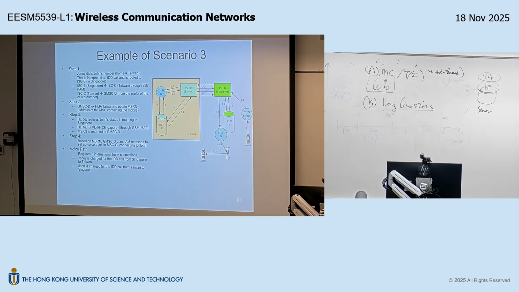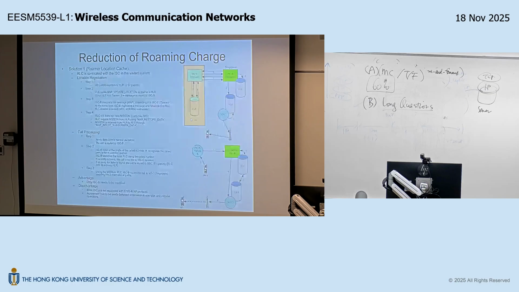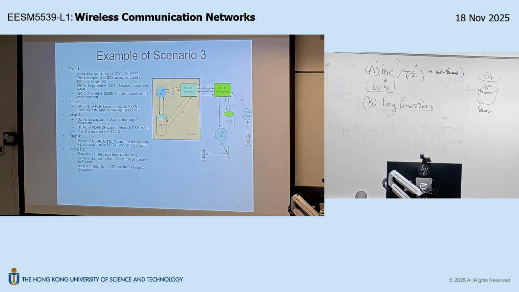That's why you have this unnecessary international segment from Singapore to Taiwan and from Taiwan back to Singapore. If you want to eliminate this unnecessary international call, you need to change this standard signaling procedure.